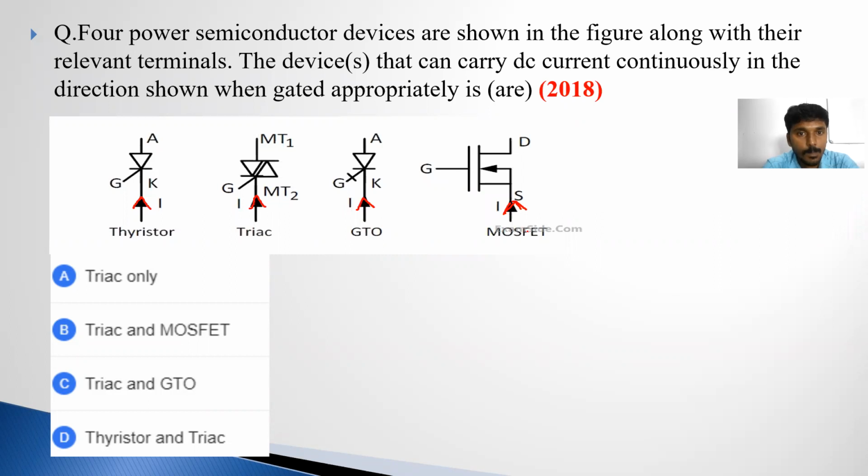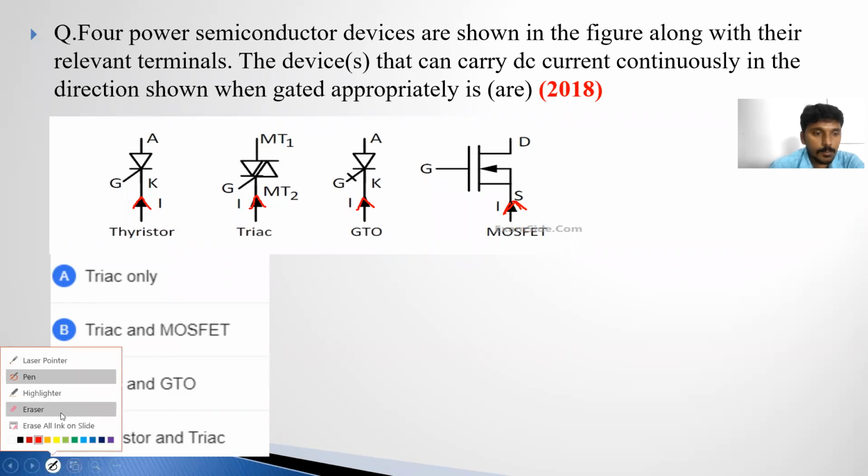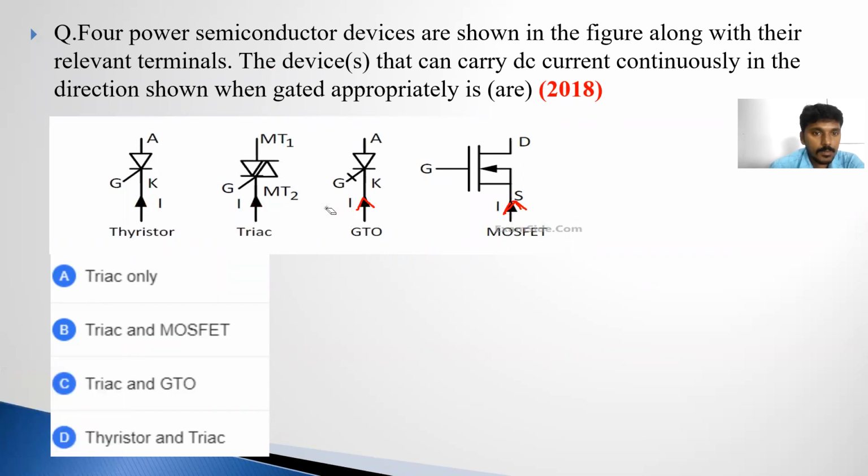Can anybody tell, please? Which devices can carry the current in reverse direction continuously?